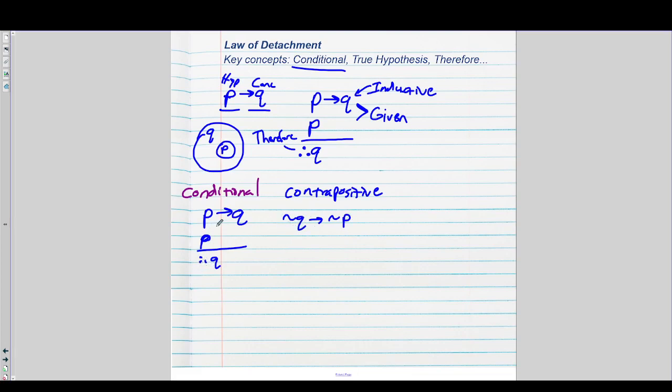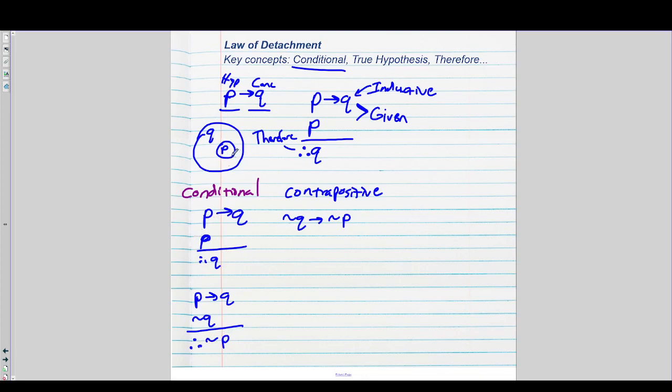So we can use this law of detachment in two ways. We can say if P then Q and we know P, we can conclude Q. But we can also take this logically equivalent version and say if P then Q and not Q, we're allowed to conclude not P. And I think the Venn diagram is really helpful for visualizing this.